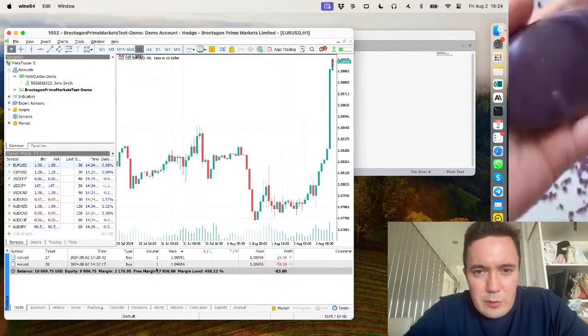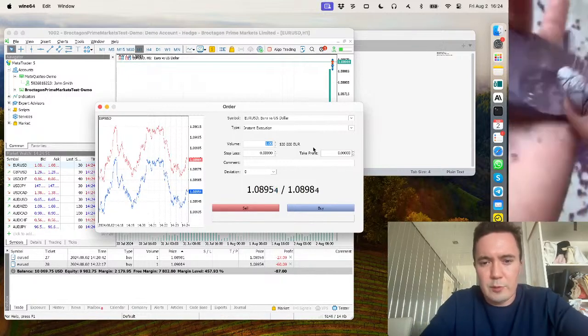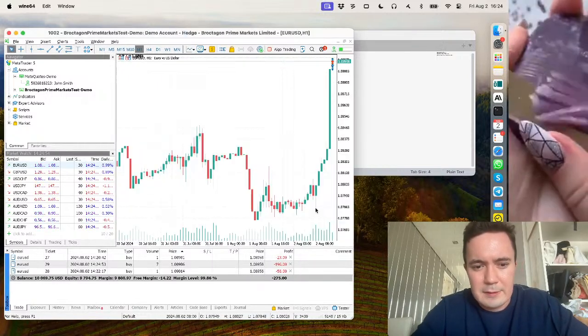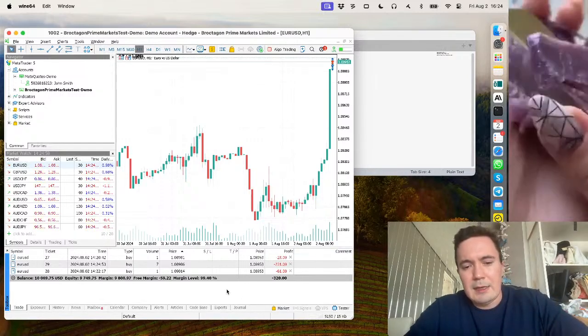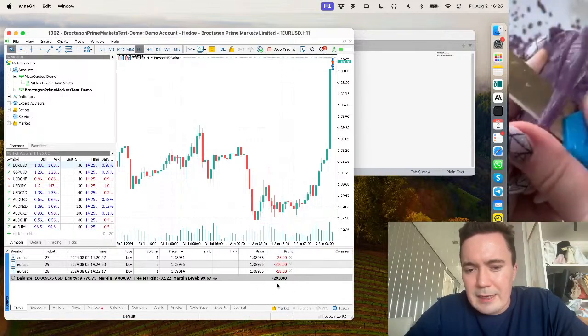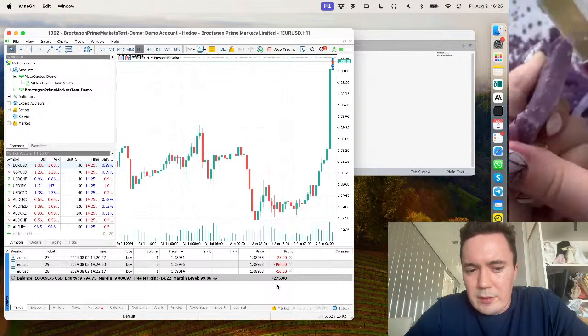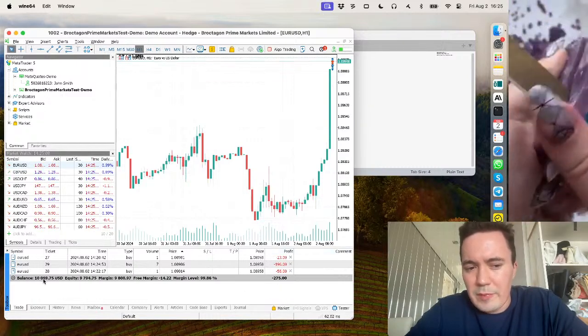So we could open a very large trade, how much money we have, and at some point we start getting losses here, and our broker might want to stop us from losing further than the amount we have.